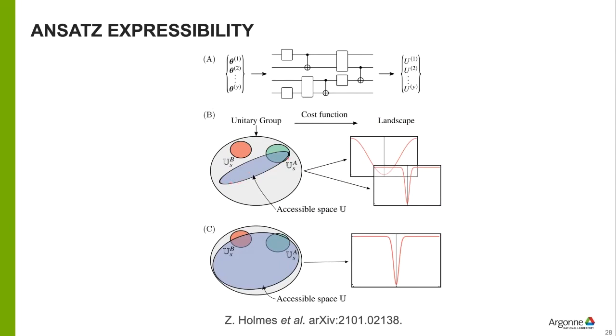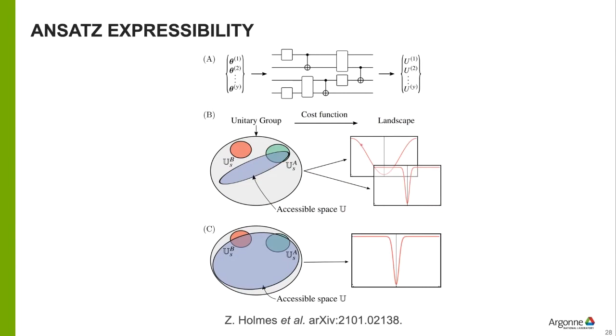And so it contains the solution to problem A, but doesn't contain the solution to problem B. And we want to look at the cost function, so basically energy. We look at the landscape, what it looks like around the minimum point.